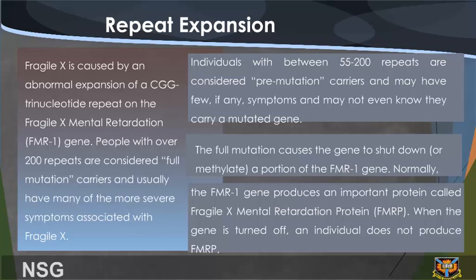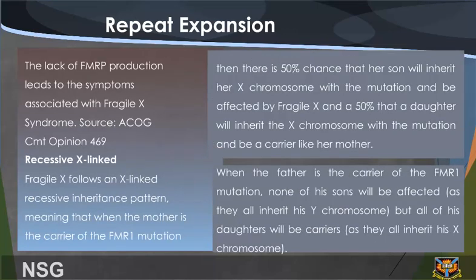When the gene is turned off, an individual does not produce FMRP. The lack of FMRP production leads to the symptoms associated with Fragile X syndrome. Source: ACOG Committee Opinion 469.